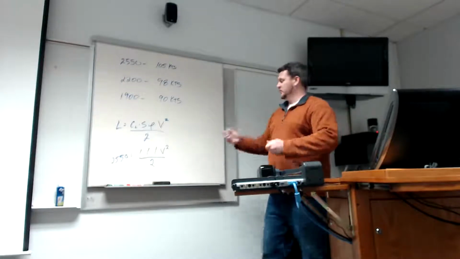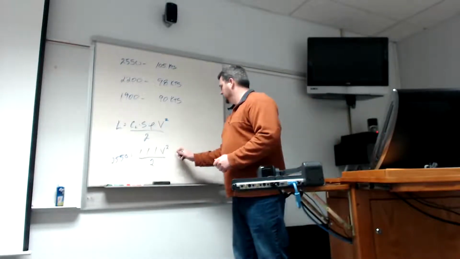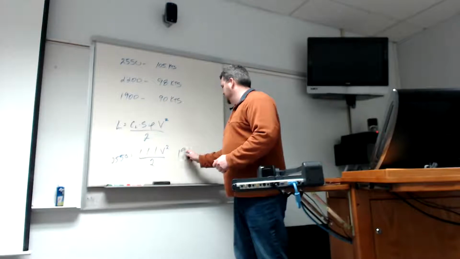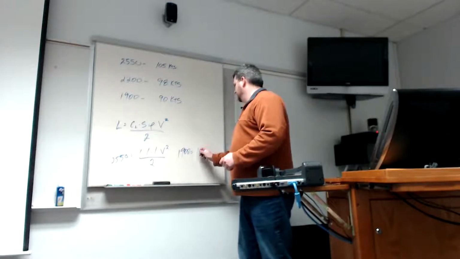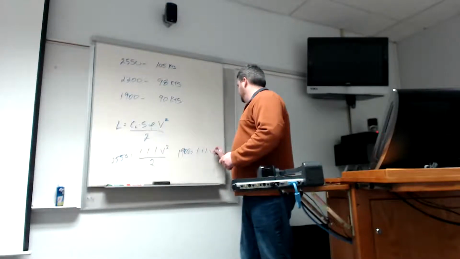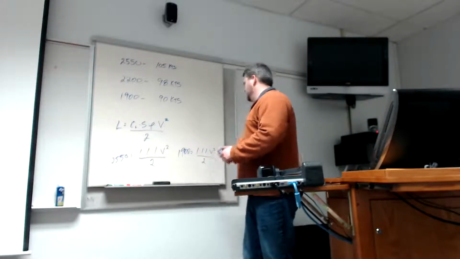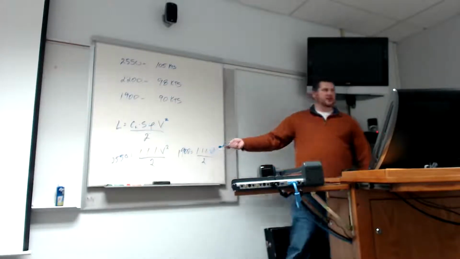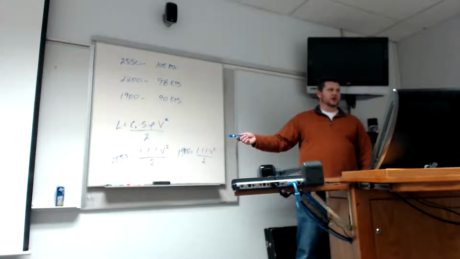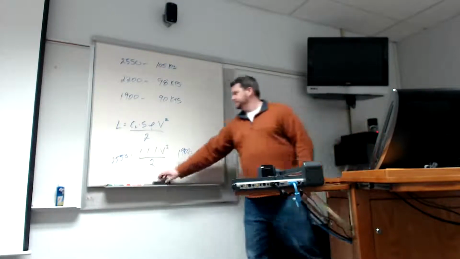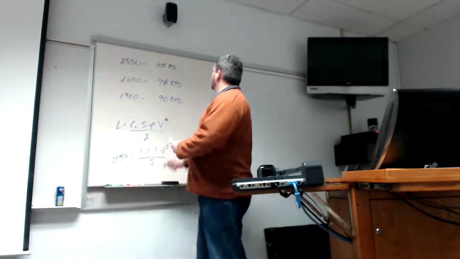Velocity, right? And what if it's 1900? So looking at it like that, can you guys all see that okay? It's getting a little low, I know. Do it up here.